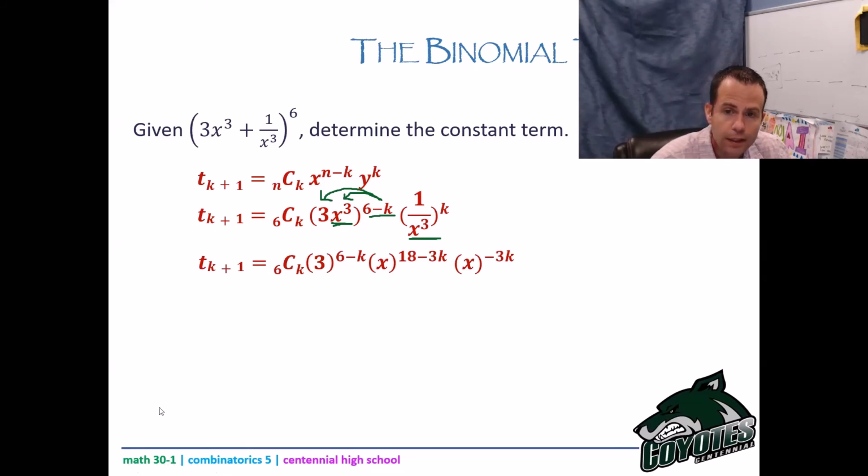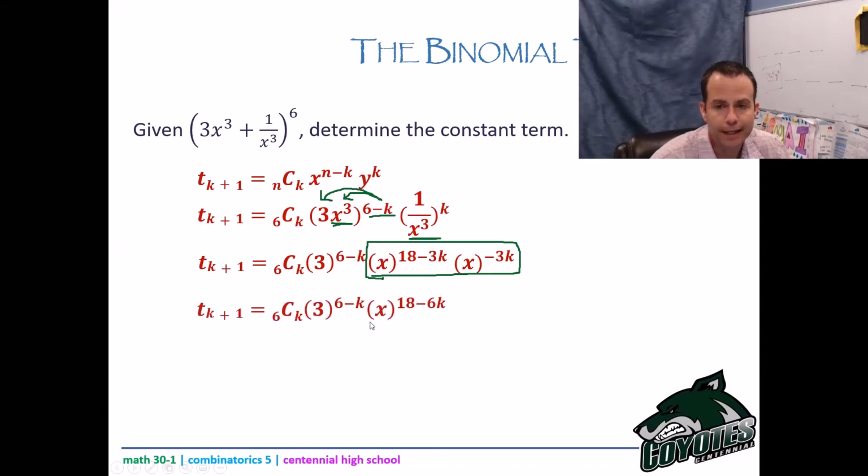Now, these guys are ready to put together. So when I'm multiplying powers of the same base, I just add the exponents. So this is going to become x to the 18 minus 6k. And that's as cleaned up as I can get it for the moment until I know what k is.